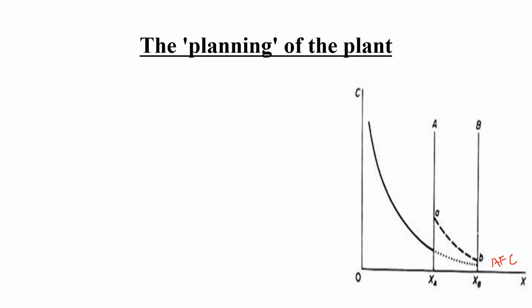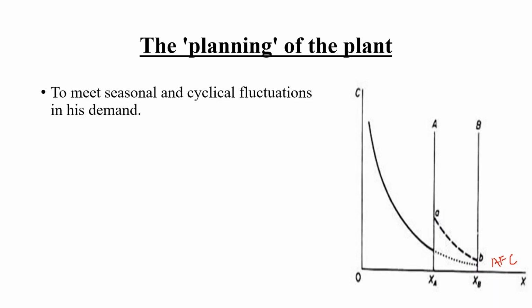Now let's look into the various reasons for having reserve capacity. The businessman will want to be able to meet seasonal and cyclical fluctuations in his demand. Such fluctuations cannot always be met efficiently by a stock inventory policy. Reserve capacity will allow the entrepreneur to work with more shifts and with lower costs than a stockpiling policy.